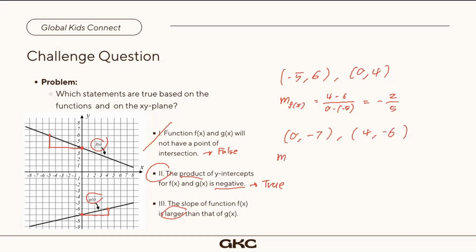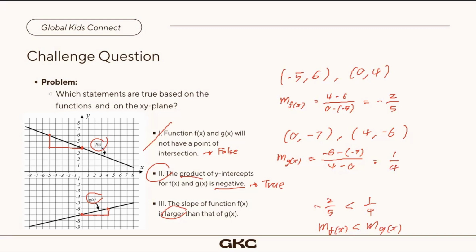And so the slope of g of x is equal to change in y, -6 minus -7 over 4 minus 0, which is equal to 1 over 4. And automatically, because 1 over 4 is greater than -2 over 5, we can say that the slope of g of x is greater than the slope of the function f of x.